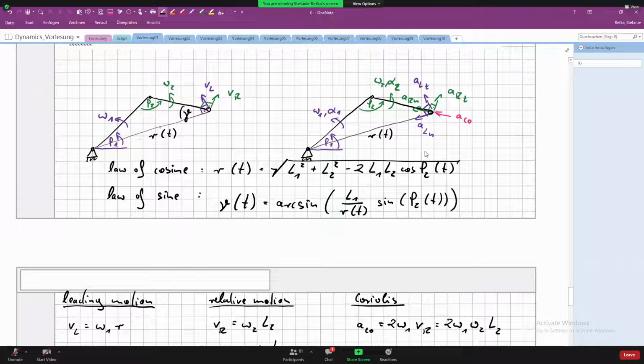So the velocity vector is perpendicular to this radius. And for the relative velocity, it is perpendicular to the radius of the circular path of the relative motion, the joint between L1 and L2 and the clamshell. So the length L2 is the radius here.